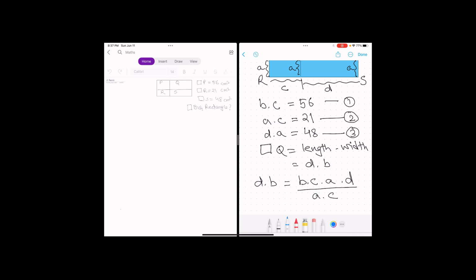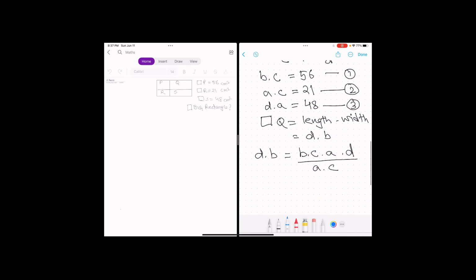Now, from equations 1, 2, and 3, let me put the values. B multiplied by C is 56. A multiplied by D from equation 3 is 48. And A multiplied by C is 21.